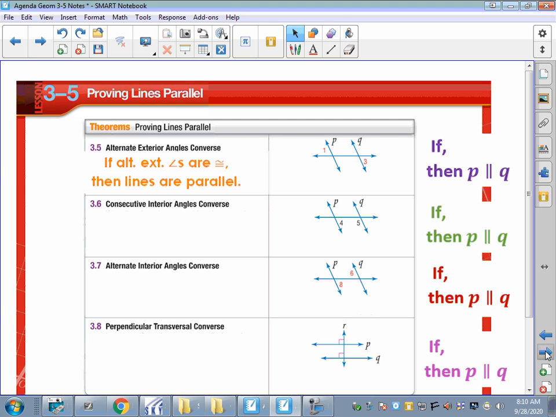I only put angles 1 and 3. And then I got this brilliant idea that I could just fill this out. So if, over in that third column, angle 1 is congruent to angle 3, then P is parallel to Q.